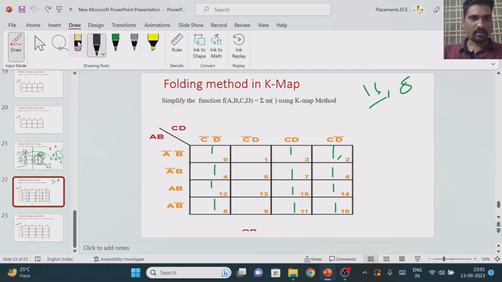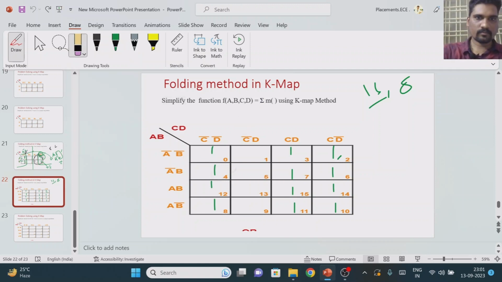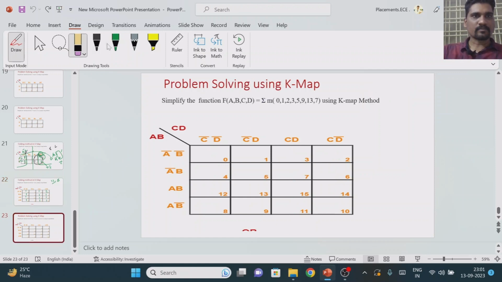So we'll try to solve some more problems, guys, so that it will be easy for you to understand K-Map clearly, right? Fine, we'll consider one more example. See, something like this. Let me consider the value 1 1 1 1.